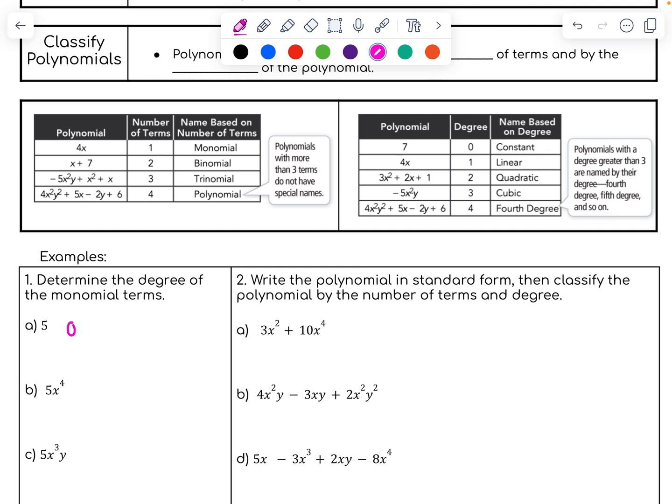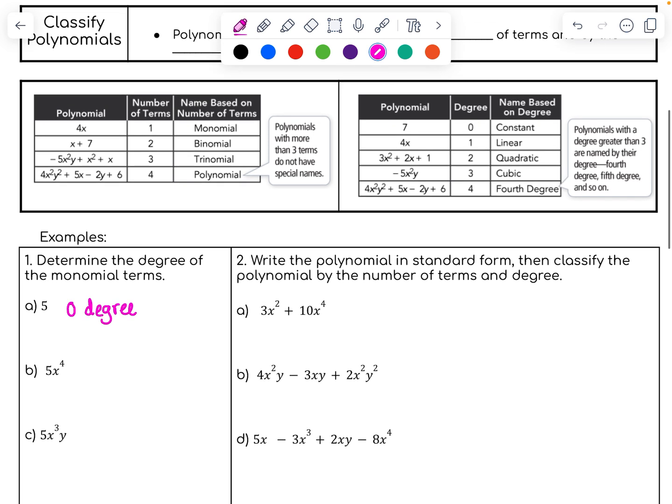So this is a 0 degree monomial. If you look at B, this is a 4th degree monomial because the sum of the exponents of the variables is 4.